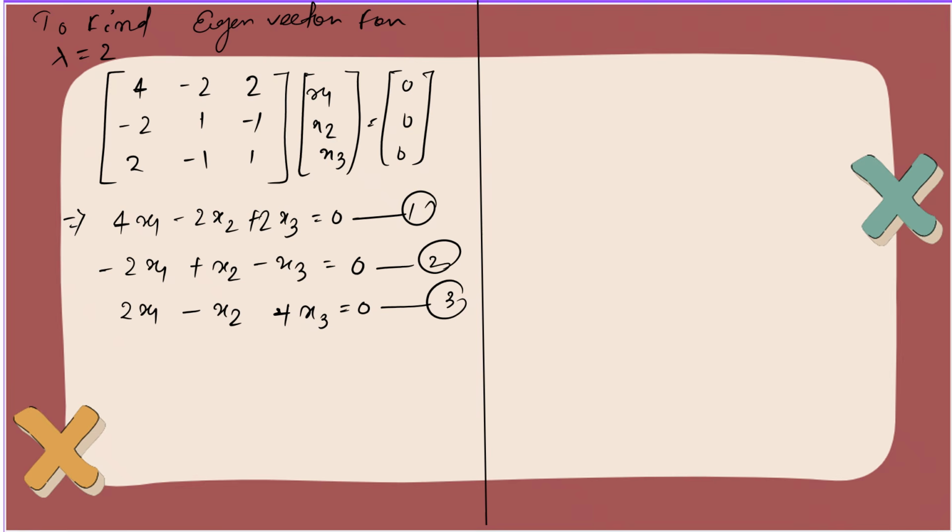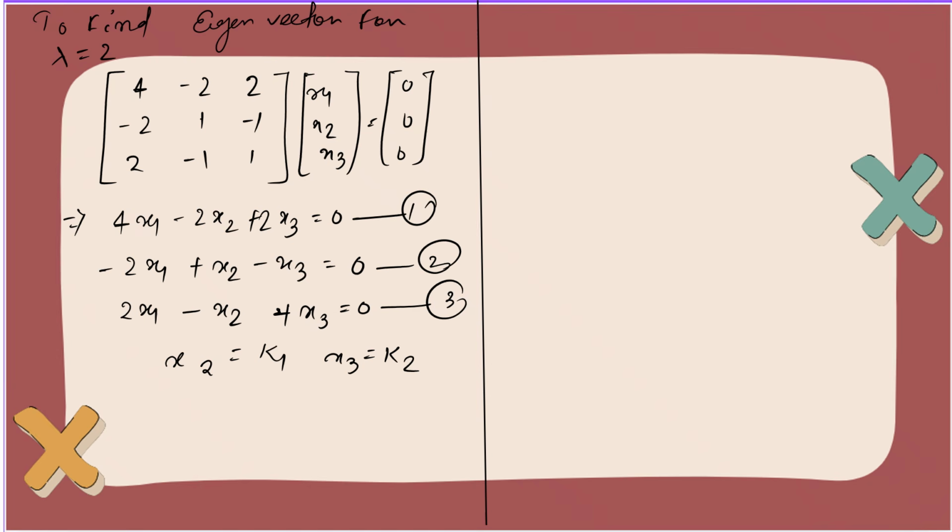But here in this case, if we add these equations, there is no solution. So we take any two unknown values as arbitrary constants. Let's take x2 as k1 and x3 as k2.